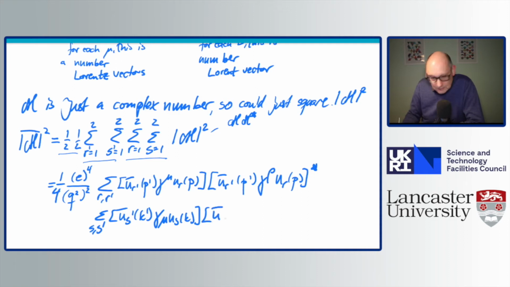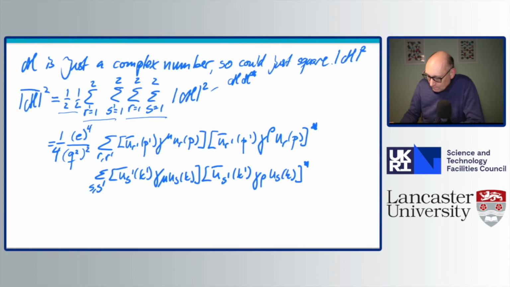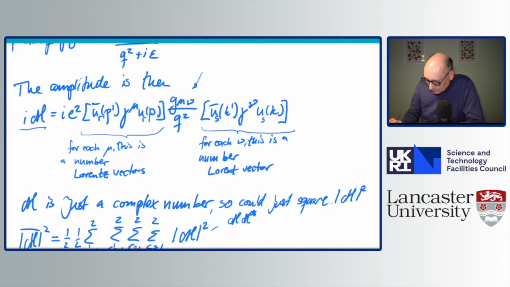And then a u bar of s prime k prime gamma rho u of s of k, star. Sorry, here we've of course written this using the fact that gamma mu, g mu nu gamma nu can be written as gamma mu, right?